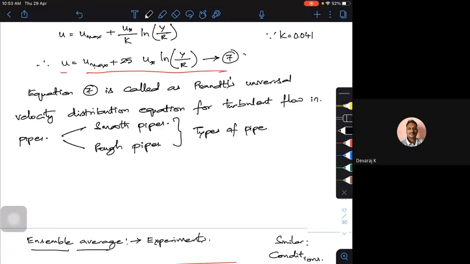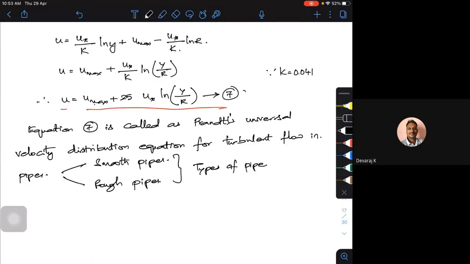So u max minus u by u star is equal to 25 ln of r by y. I can do a little bit of modification to this equation.